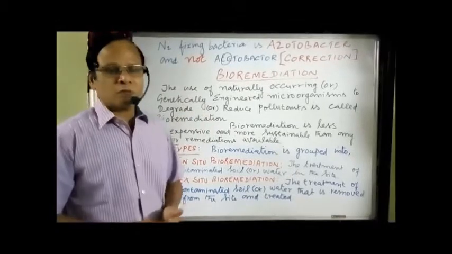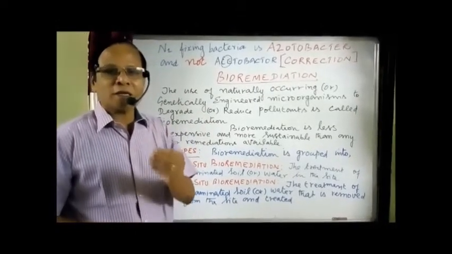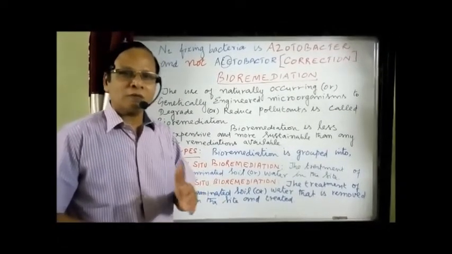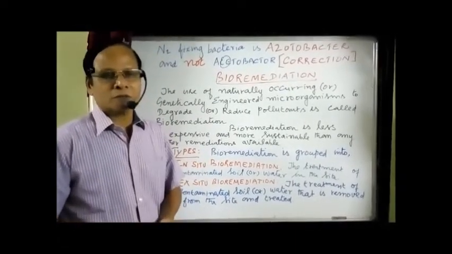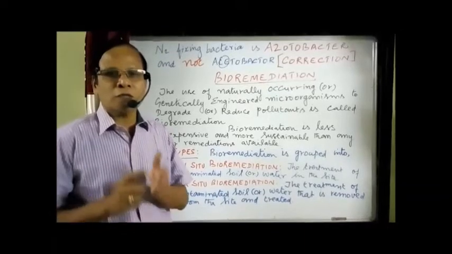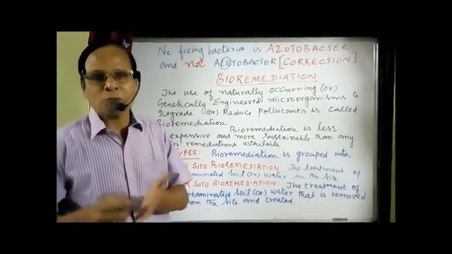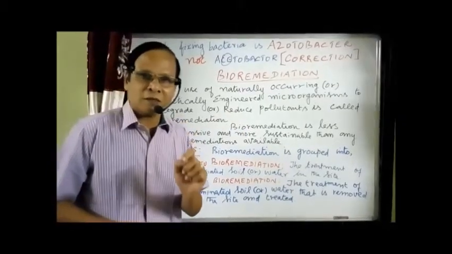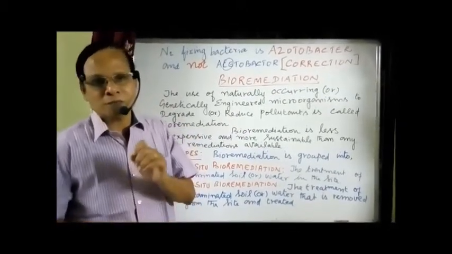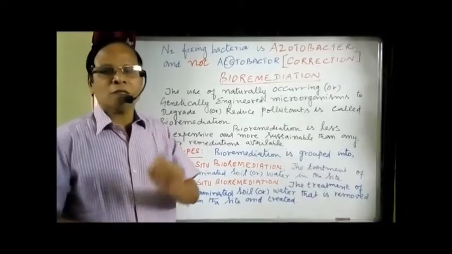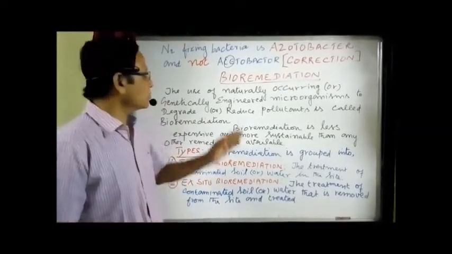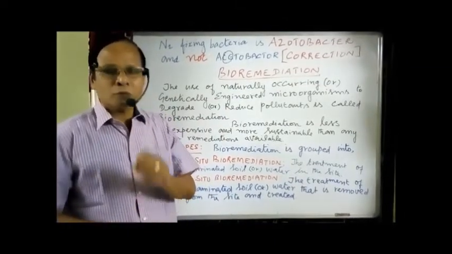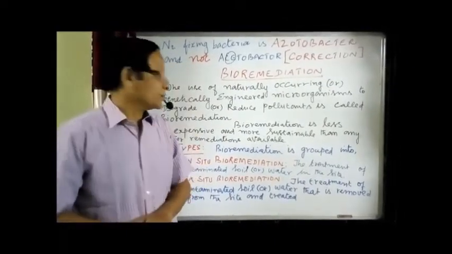The use of naturally occurring microorganisms or genetically modified or engineered microorganisms to degrade or reduce pollutants is called bioremediation. So, cleaning the environment by using microbes.